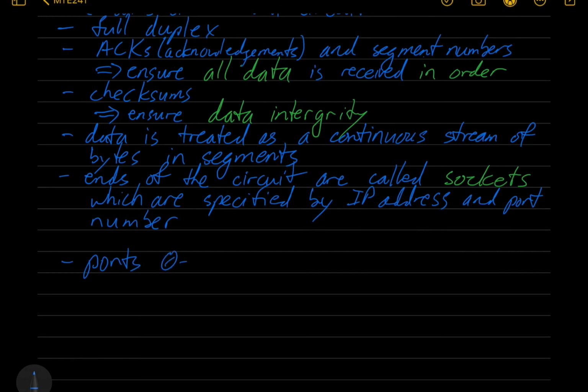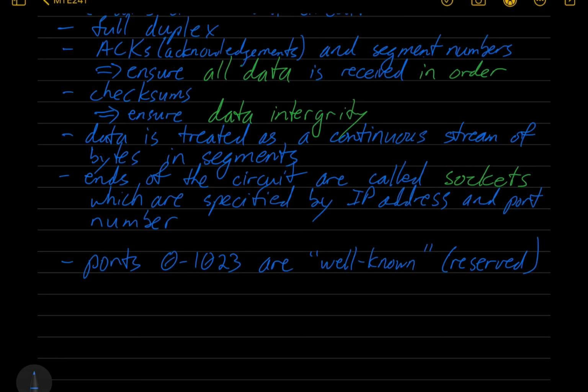Ports 0 to 1023 are considered to be well-known port numbers, so these are reserved for certain protocols, and so you shouldn't be borrowing them for different protocols.